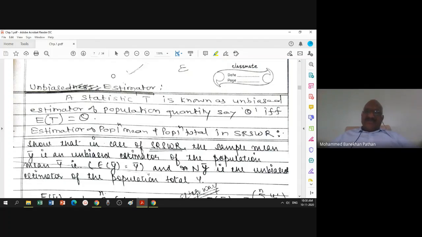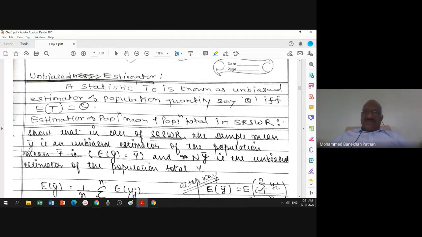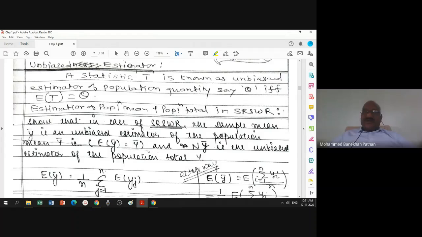So sample mean is an estimator for population mean. When will it be unbiased? If the expected value of that estimator comes exactly to the population quantity, then that is unbiased. If the expectation is not coming to the population quantity, it will be a biased estimator.